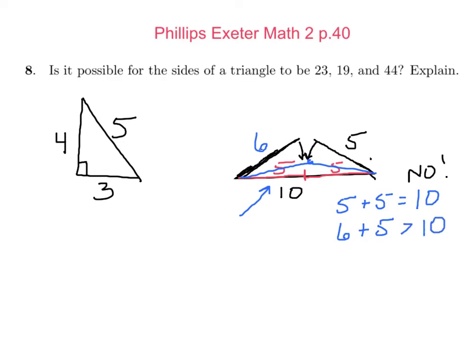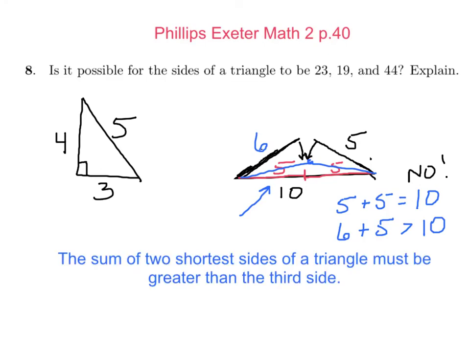So we can put this into words: it is the two smallest sides, or the two shortest sides. Let's go ahead and type this out. We went ahead and typed it out, and it's: the sum of the two shortest sides of a triangle must be greater than the third side. So if you think about that, that's why this 3, 4, 5 works, because 3 plus 4 is greater than 5.